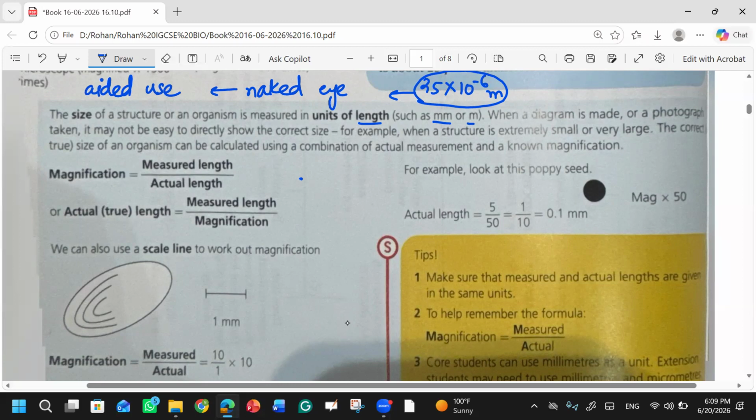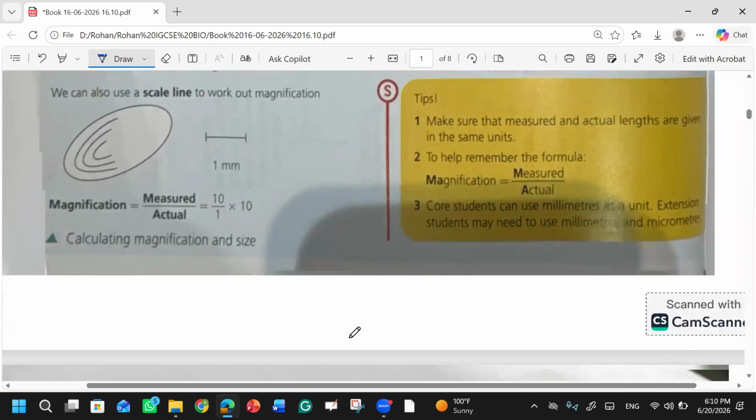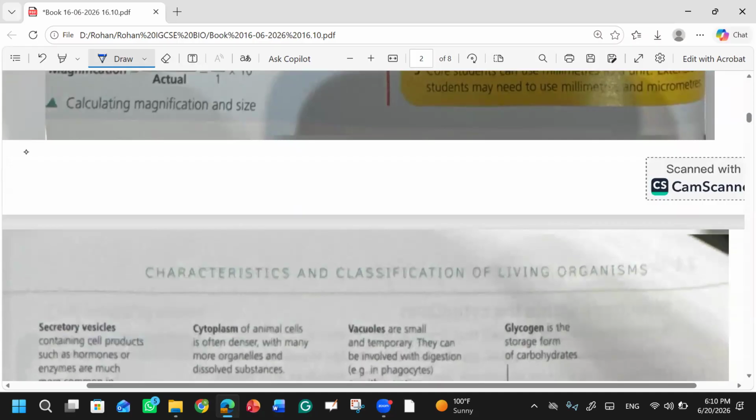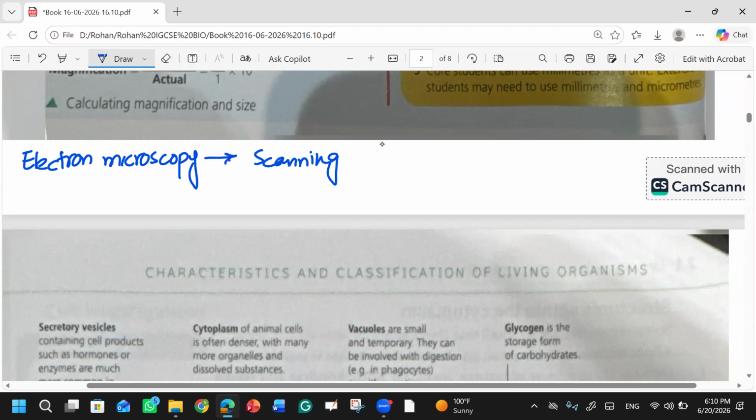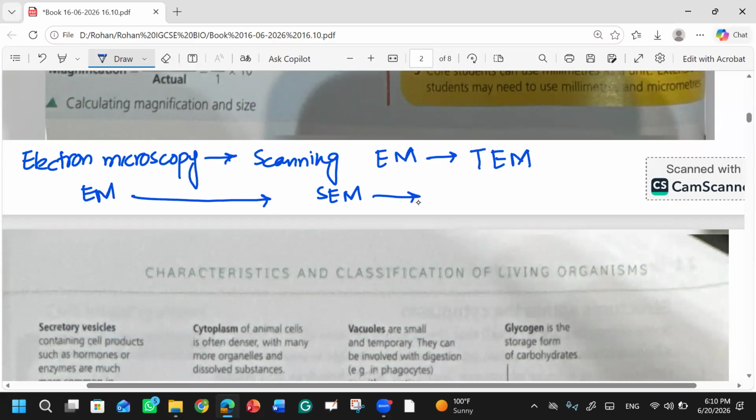After further advancement, the scanning electron microscope and the transmission electron microscope were introduced: EM, SEM and TEM.